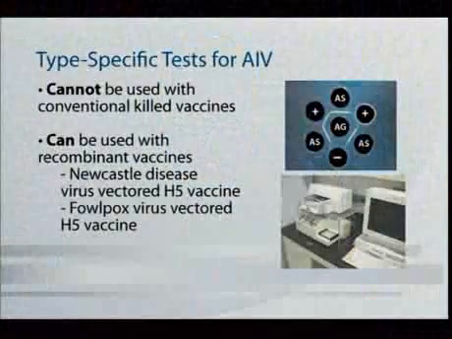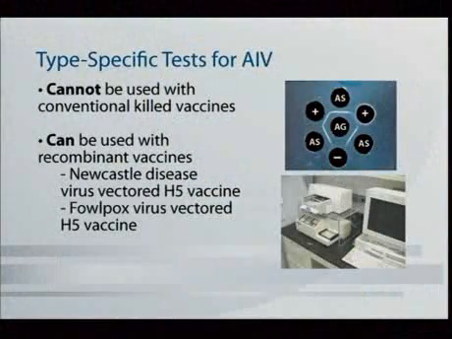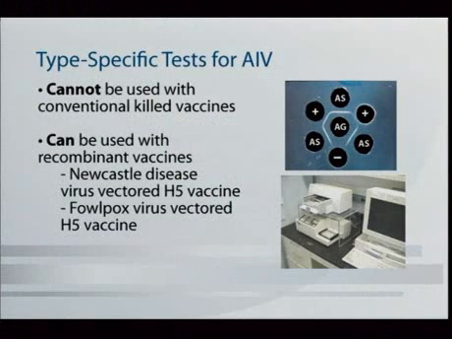But they can be used in situations where recombinant vaccines are used. These are vaccines that express the hemagglutinin antigen, so that the antibodies produced are specific for the H determinant of the virus, and therefore do not interfere with the type-specific tests.